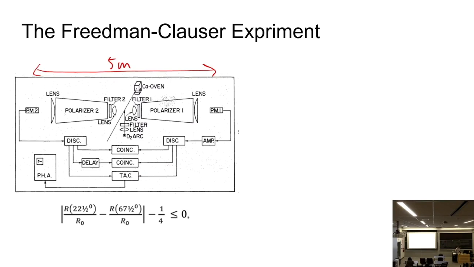These are the coincidence rates at angles between the polarizer axes of 22.5 degrees and 67.5 degrees.